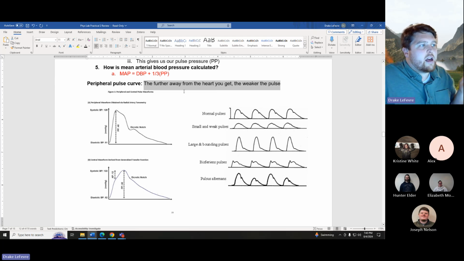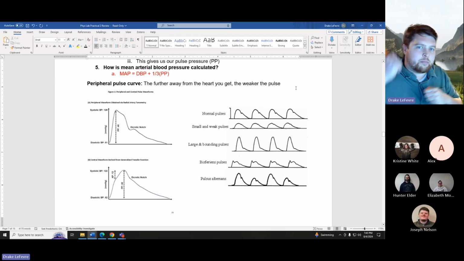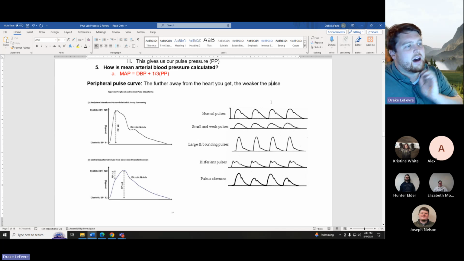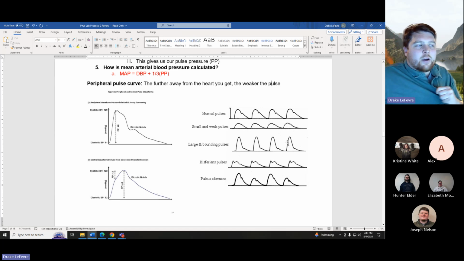So it's just saying the further you get from the heart, the weaker the pulse is because you're not having that direct push from the blood flow. If you have issues right at the heart and you're looking at the pulse curve right at the heart, large and bounding is the one you'll mostly see, like aortic regurgitation. Small and weak pulses, you'd be dealing with stenosis or something else blocking some of the vessels.